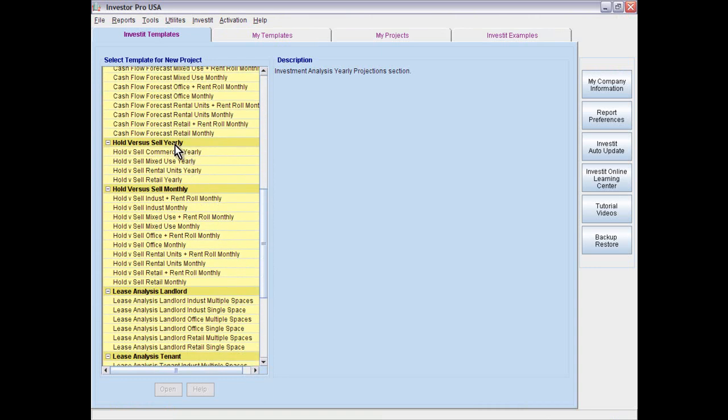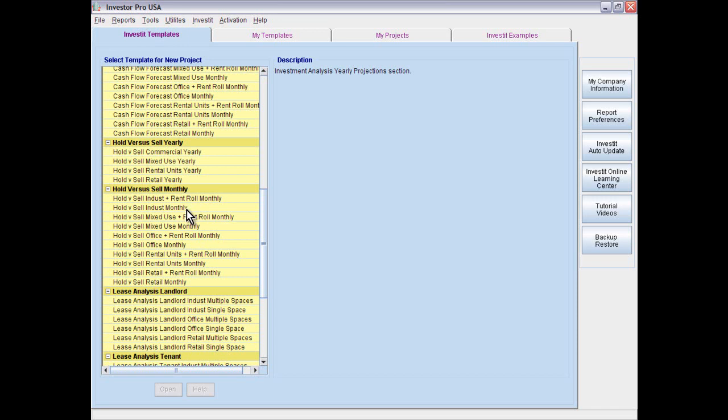we have several choices. You can do yearly projections, which works fine for rental apartment buildings, but once we go to commercial buildings where we have leases changing during the year, tenants moving in and out, we would probably want to do a monthly projection. In addition, if you have a single tenancy, you can just choose a hold versus sell.